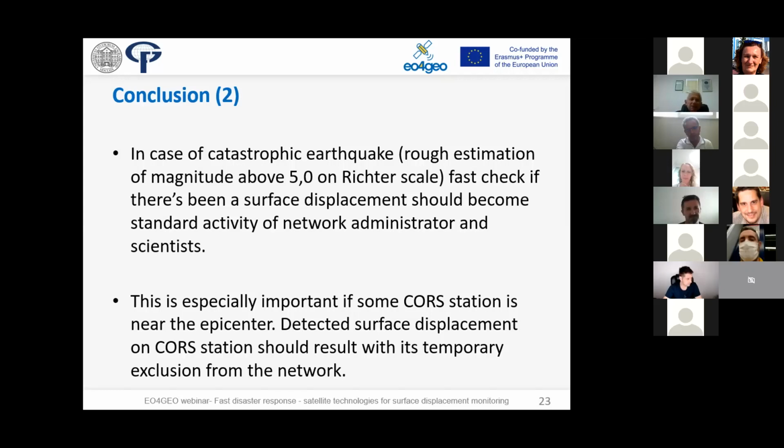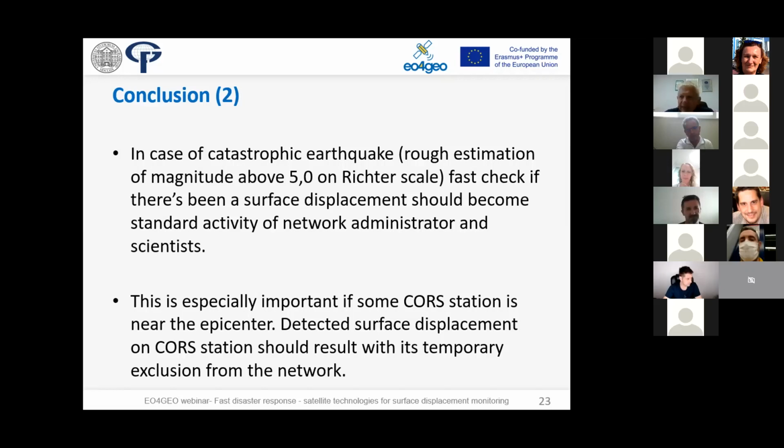In our opinion, it shouldn't be a case of, well, I'm interested to find out whether there was any surface displacement. No, this should be a standard activity in case of such an event. And this is especially important for CORS stations near the epicenter of the earthquake.